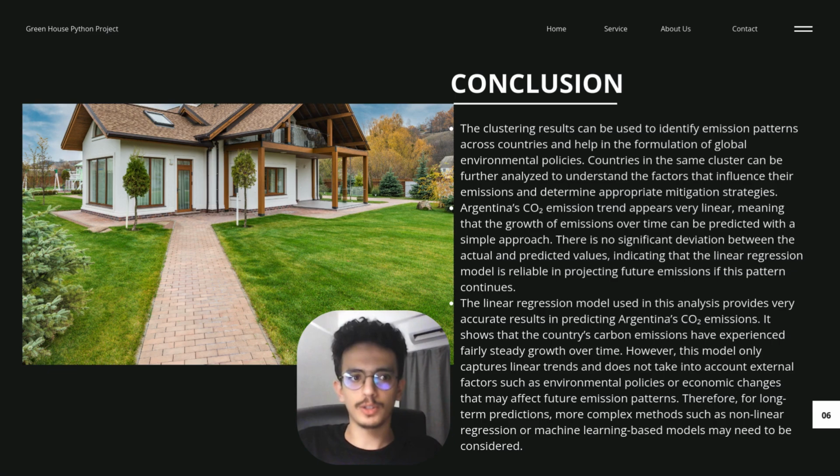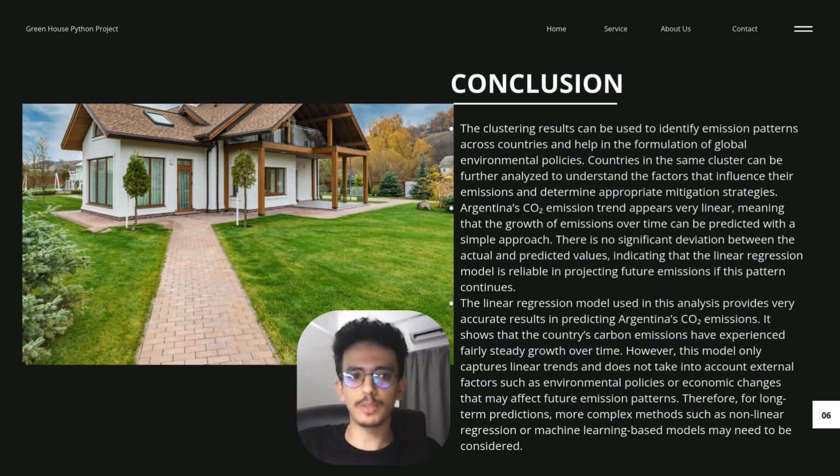So, in conclusion, the clustering result can be used to identify emission patterns across countries and help in the formulation of global environmental policies. Countries in the same cluster can be further analyzed to understand the factors that influence their emissions and determine the appropriate mitigation strategies.